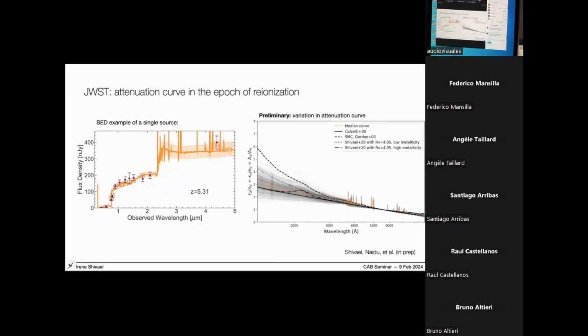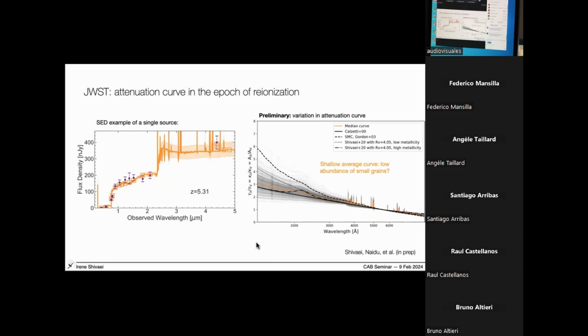And these are some preliminary results. We are still working on it, but it shows the attenuation curve of a sample of galaxies at redshift 5 to 8. In gray, you see the shape of the curve for each individual galaxy, the orange shows the average, and the black lines show some of the known attenuation curves.